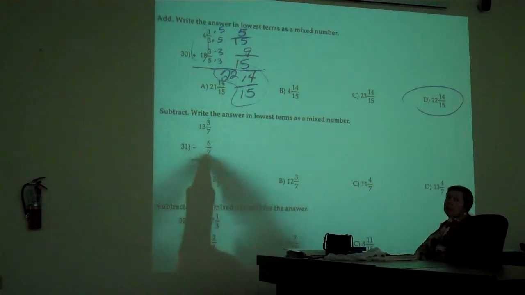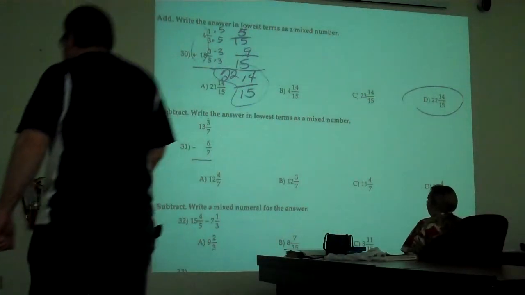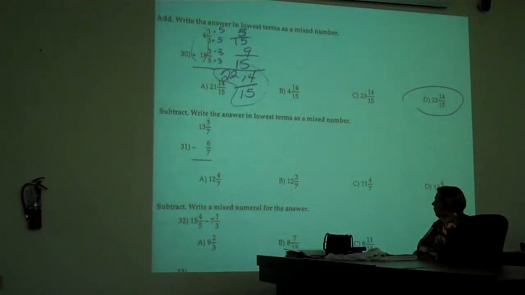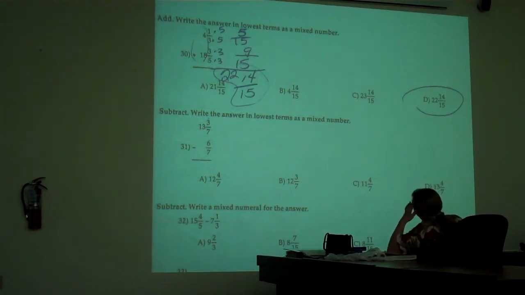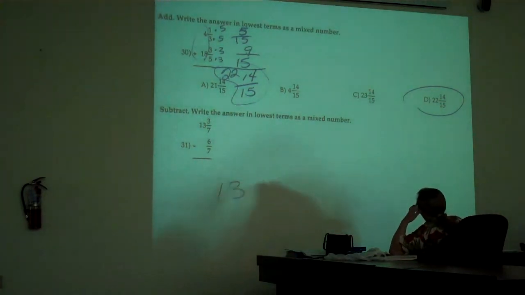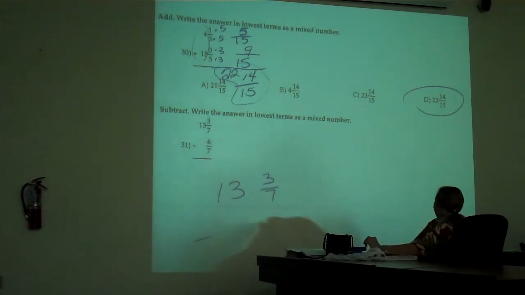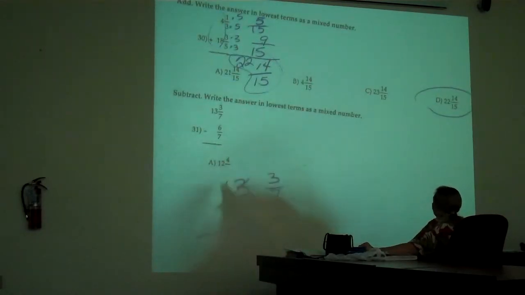Okay, 3/7 minus 6/7, is that big enough? You're going to have to borrow. Yeah, we do need to borrow. Let's get a paper to borrow with. 13 and 3/7 minus 6/7. We need to borrow, make this 12.